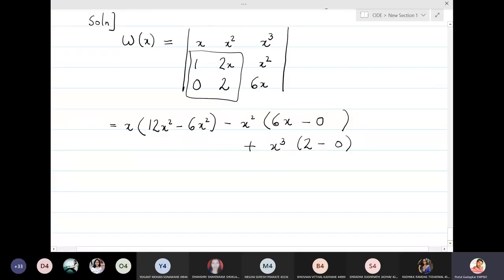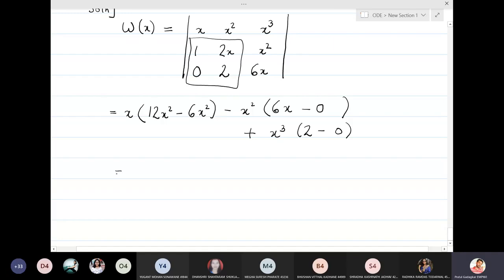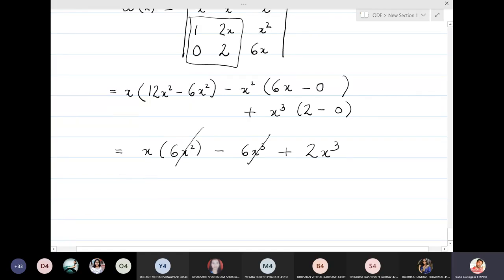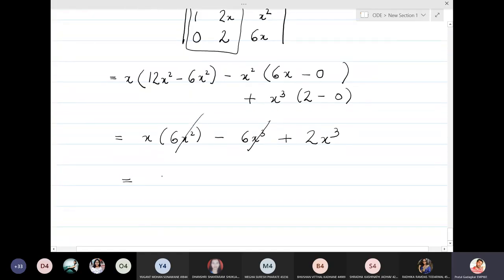Minus 0. Okay, which is equal to x into 6x squared minus 6x cube plus 2x cube. So this and this, I think, cancel. I'm getting 2x cube. So the Wronskian is coming to be 2x cube.